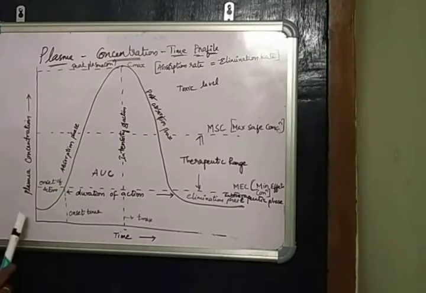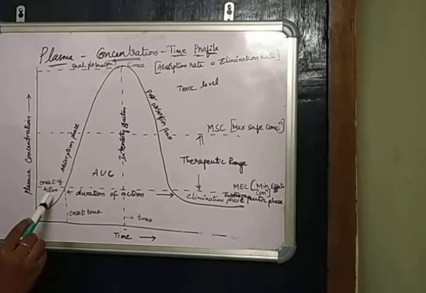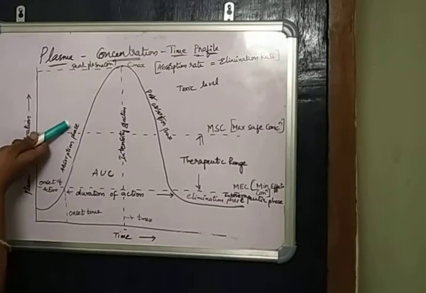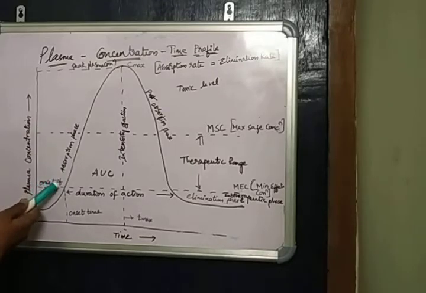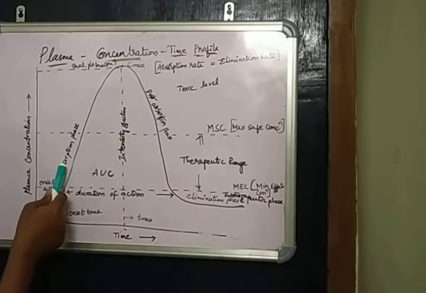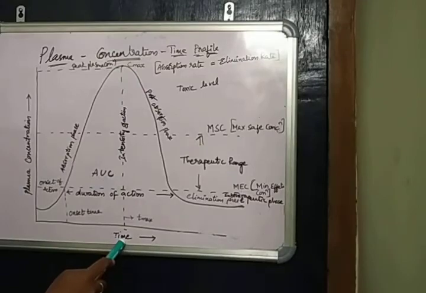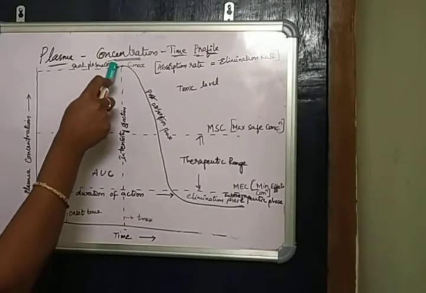In this curve, first when we administer a drug, it shows its onset of action. Once it starts its onset of action, we observe the absorption phase. Okay, here this is the absorption phase. When we take the drug orally, it shows its absorption phase. At one point, at T max, the maximum time, it reaches the peak plasma concentration.